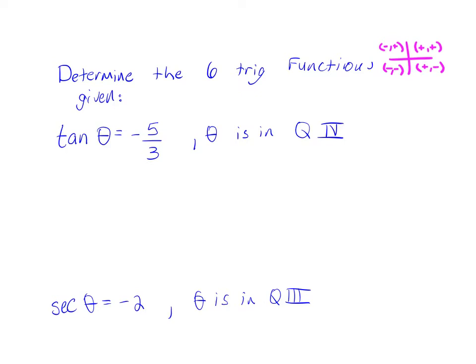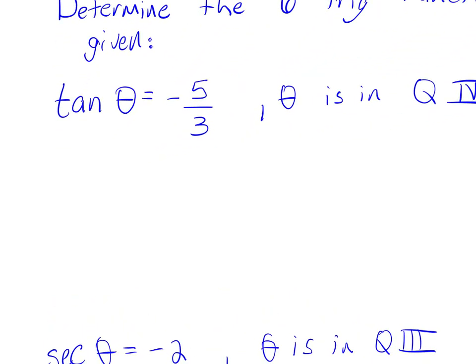So with this first example, we have tangent theta is equal to negative 5 over 3, and theta is in quadrant 4. When I look at these, I don't even pay attention to that theta is in quadrant 4, specifically because when I look at tangent, I have negative 5 over 3. Tangent is y over x.